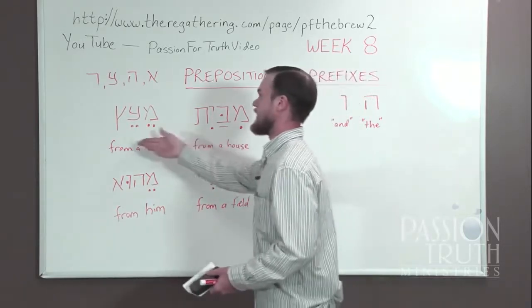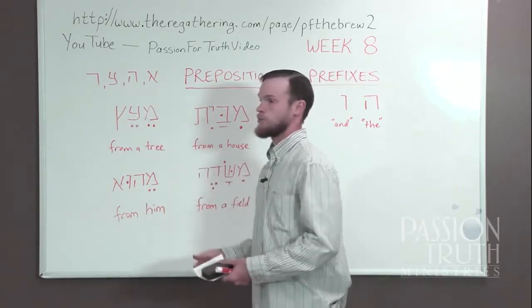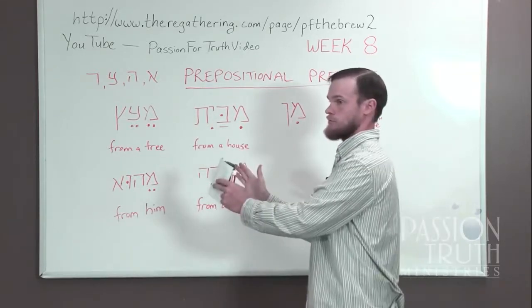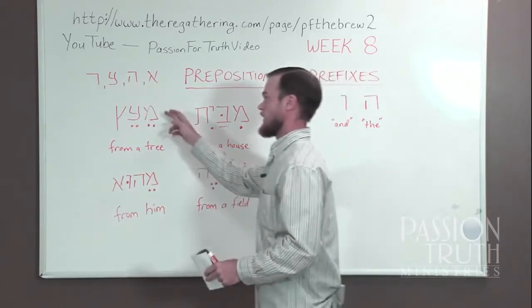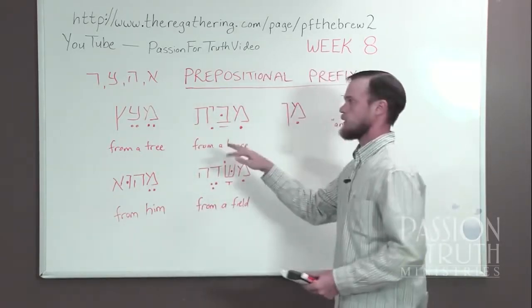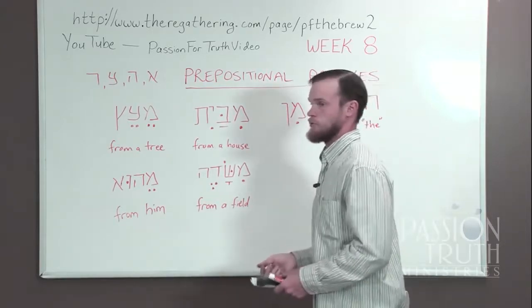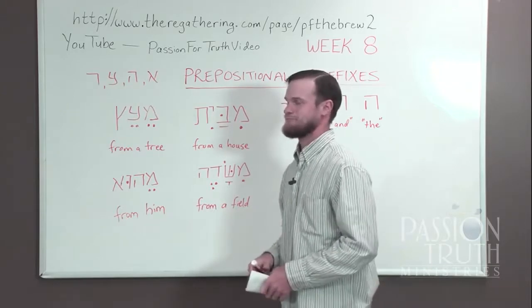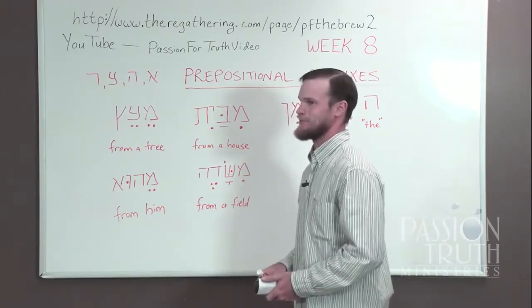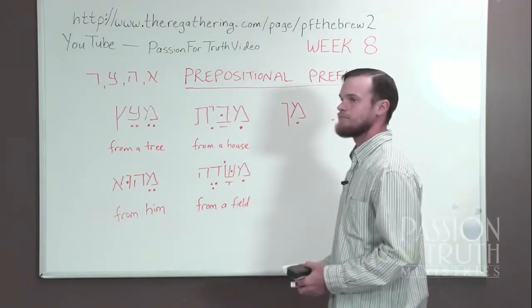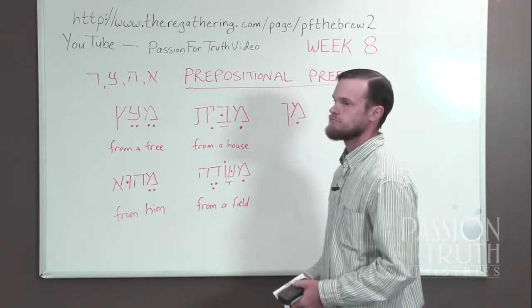We could say min etz, from a tree, or me'etz, from a tree. It's just a question of whether we have a totally separate preposition, totally separate word, or if we directly prefix this mem to a word. They're exactly equivalent. It's just a question of style, really. And as usual, you'll see both in the scriptures.